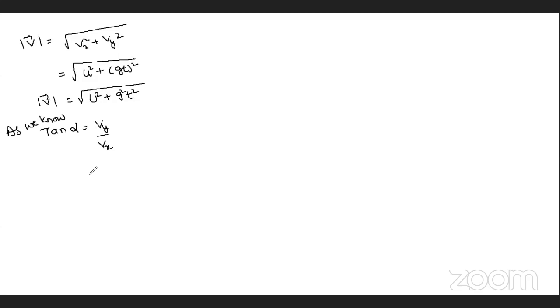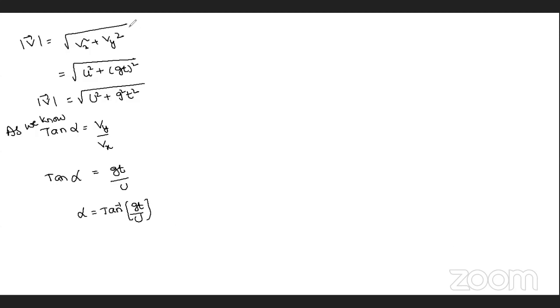Alpha is not theta. Why? Because tan alpha equals Vy, which is gt, by Vx, which is u. That implies alpha equals tan inverse gt by u. This is alpha now.